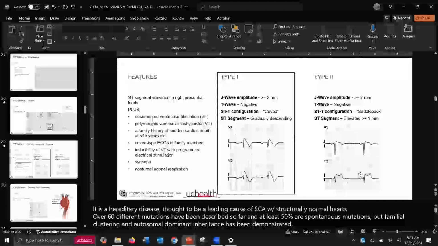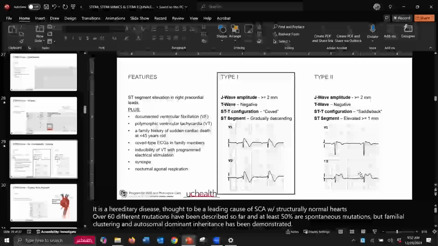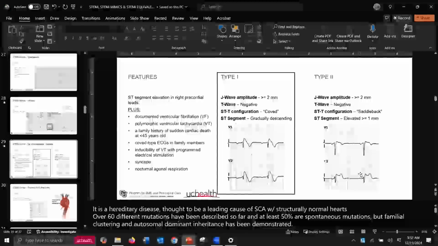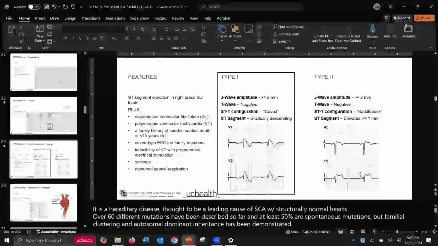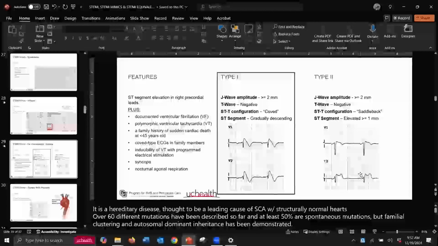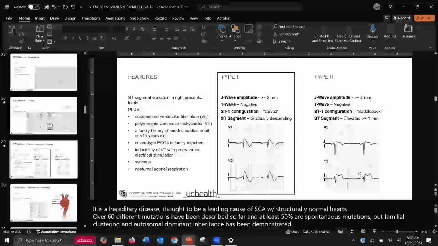Typically, the family history is sudden cardiac death at less than 45 years of age. There's a lot of times a history of syncope and a history of nocturnal agonal respiration, otherwise known as sleep apnea.